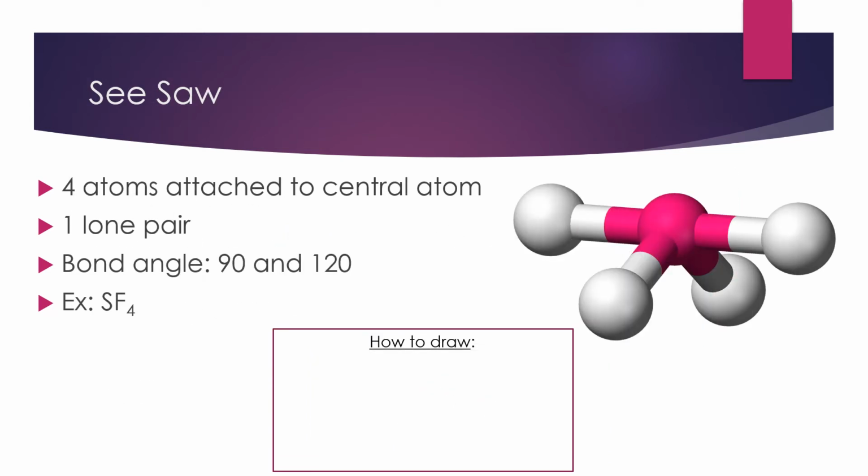So here we have the seesaw. The 4 atoms are attached to the central atom. There's considered to be 1 lone pair on the central atom. And it has 2 bond angles, y'all: 90 degrees and 120.